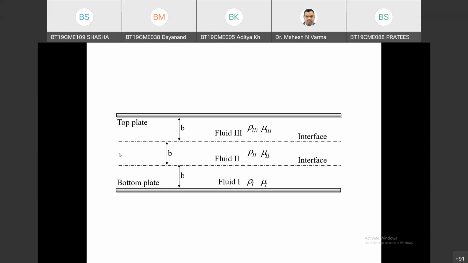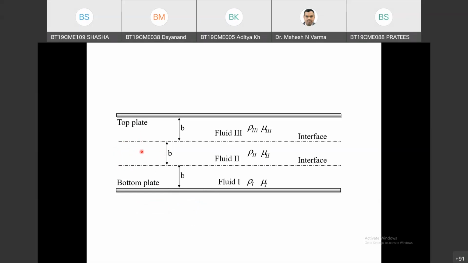Which will be the axial direction? Say this direction, the Z direction. Which are zero velocity and which are non-zero velocity? Vz is non-zero. Vx and Vy will be 0.